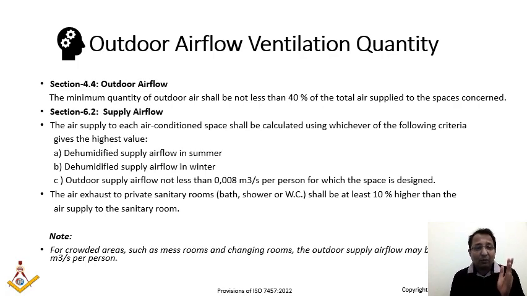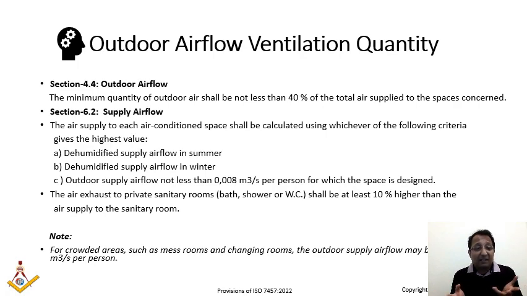Now, what does 6.2 talk about? When you supply the air, it should be either the dehumidified supply in summer, the winter value, or the per-person value. Based on my experience, the value mentioned first will always be the highest, because in winter there is very little sensible load and less load than summer, so this value cannot be higher in winter.